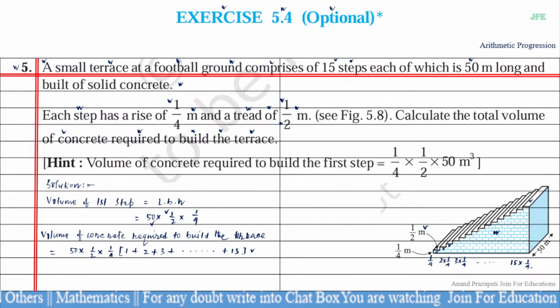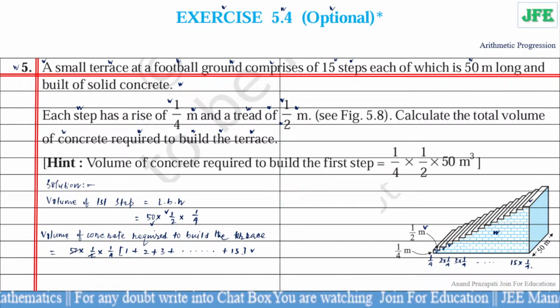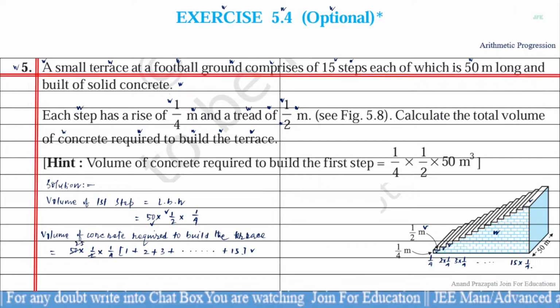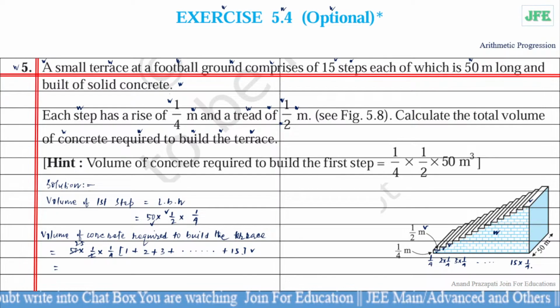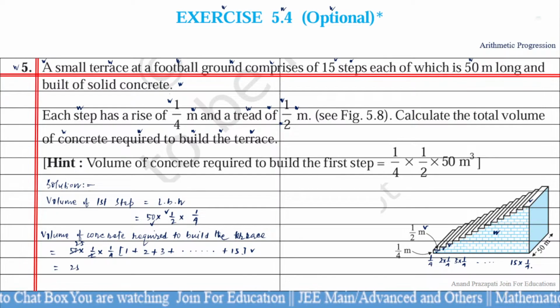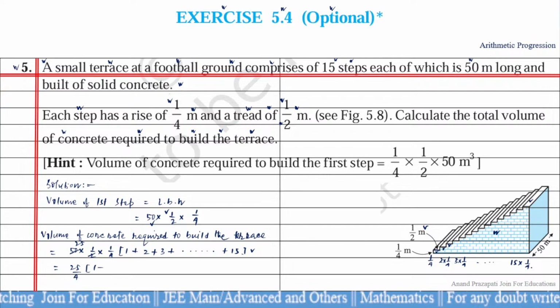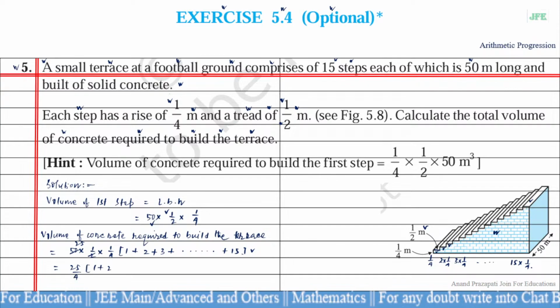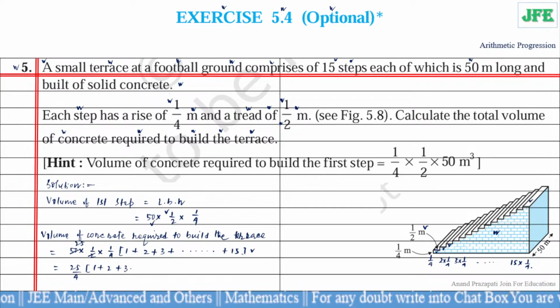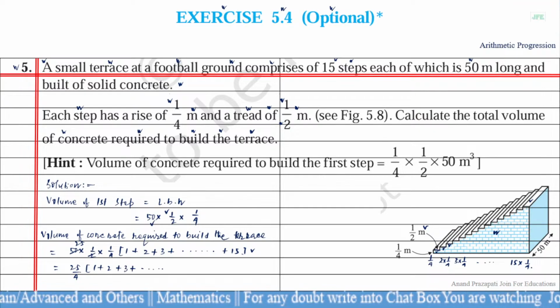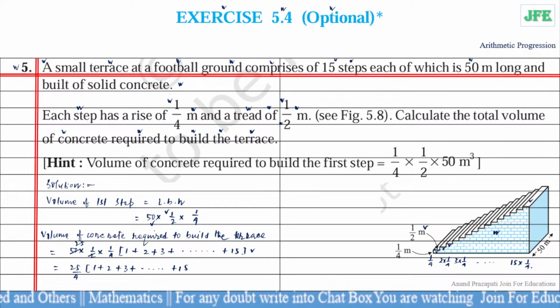So we cancelled out this one, then this will be 25. So we write down here 25 by 4 and (1 plus 2 plus 3 plus ... plus 15).